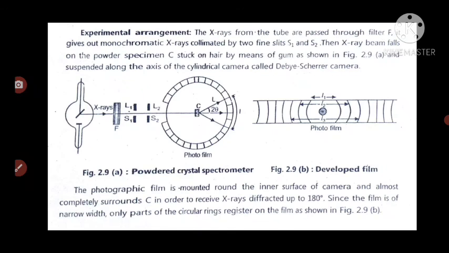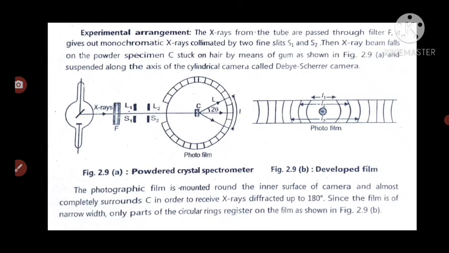If you see in the figure, the X-ray tube produces the X-ray, which passes through this filter F1, and this monochromatic X-ray is collimated by the two slits S1 and S2.